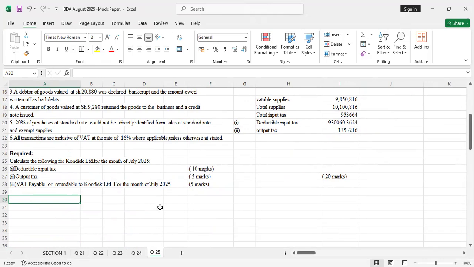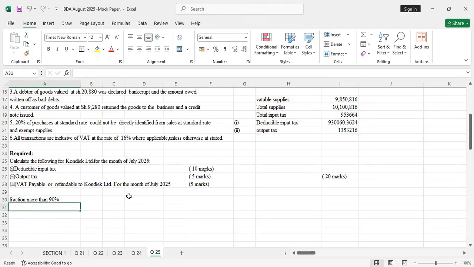We are going to do a test, and we are going to do that test in a fraction. So there are two things. I'll start with where the fraction is more than 90%. How do we get the VAT payable or VAT refundable?